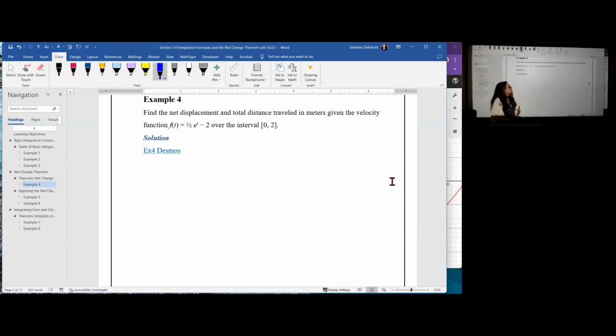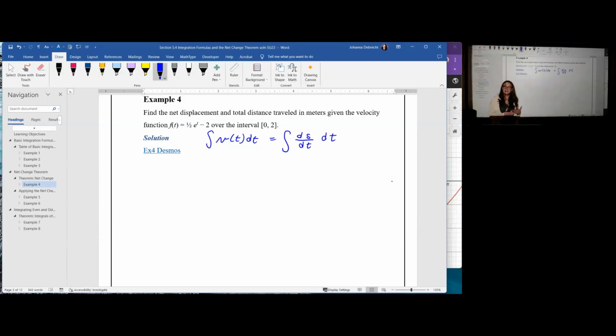And we want to find the total distance traveled, which would be the integral of the absolute value of the velocity function, both over the interval from 0 to 2. Again, what we're thinking of here is that we're integrating the velocity function with respect to time, but we're thinking of the velocity as actually the derivative of the position function.